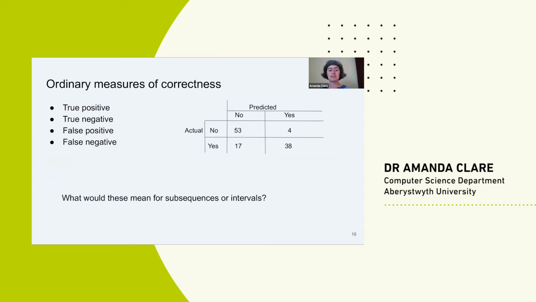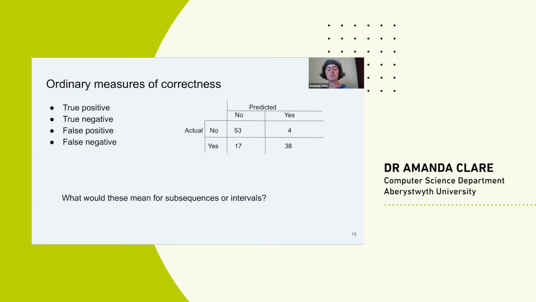Whereas the true negatives are the ones where we predicted them to be no and they actually were no. And so with a confusion matrix, you want most of the values to be on the diagonal of the matrix. And then the ones that are off the diagonal, you want them to be lower. They're your false positives and false negatives, where you've falsely made that prediction.